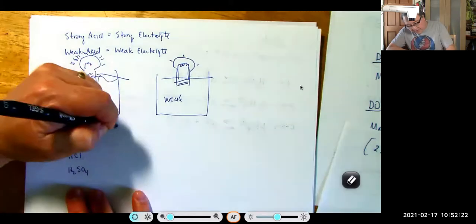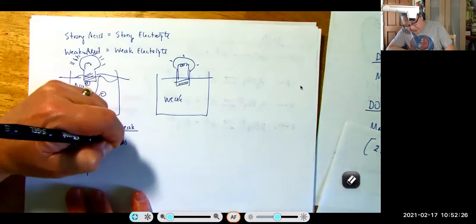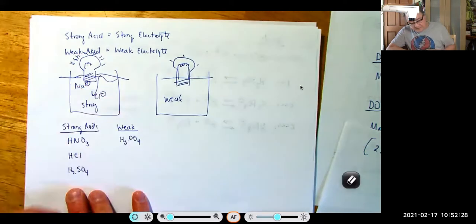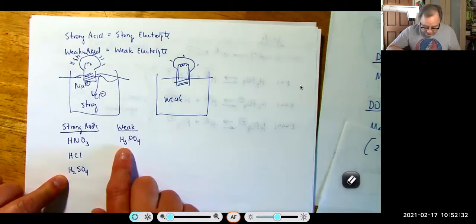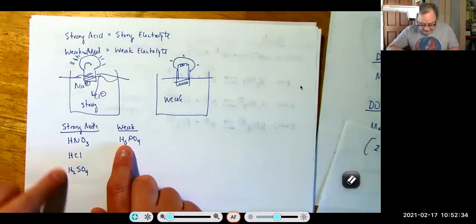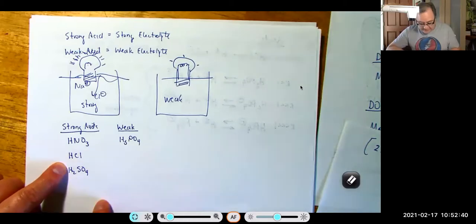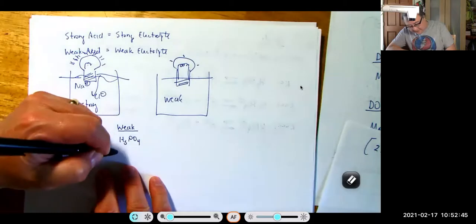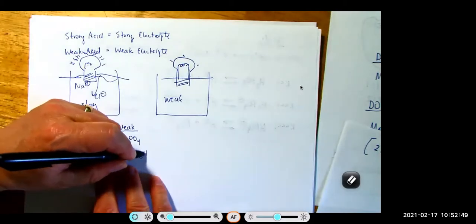And here are some weak acids. H3PO4. And see, this is interesting. This has more hydrogens than any of these I've listed, doesn't it? Does the number of hydrogens tell you whether you're strong or weak? No, not at all. This is a weak acid. The number of hydrogens is just to balance the charge.